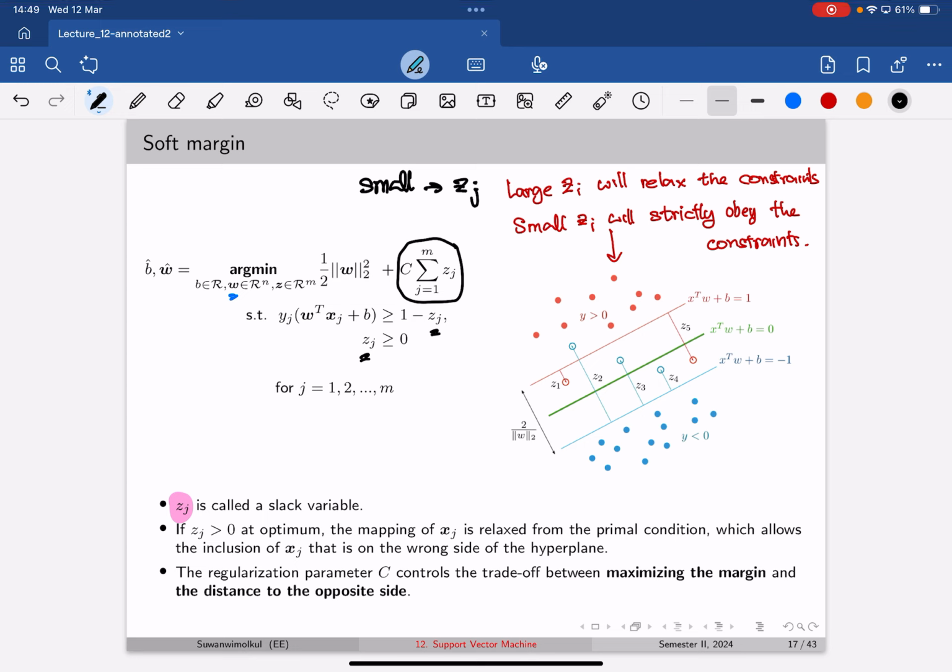Therefore, your optimization problem will try to solve a strict SVM problem. But if your ξj is large, that means you enable some relaxation, right? So as I mentioned here. But the constant C here will have a slightly different impact on your optimization problem.